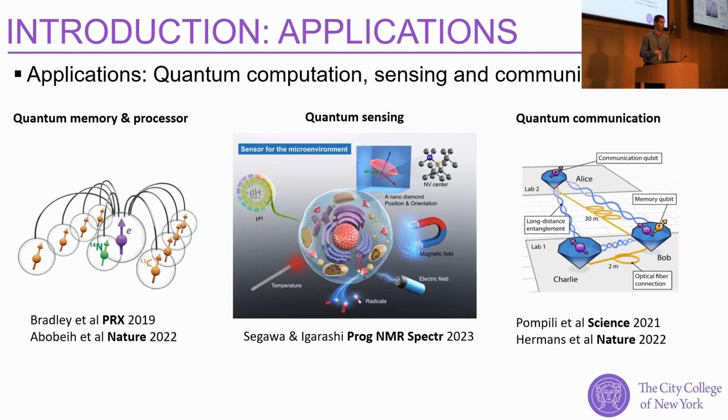And so we can sense light that it emits, and because of it, we can understand what influences it in the microenvironment. For example, it can be temperature, electric or magnetic field. And also it can be used for quantum communication.